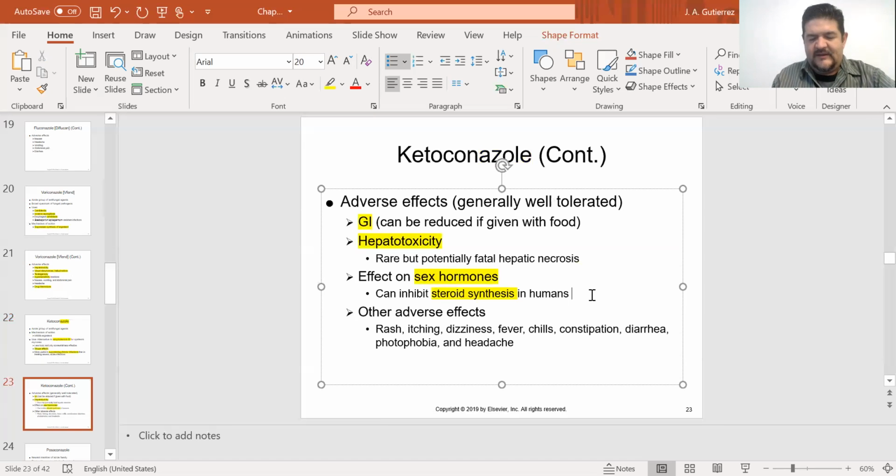So here we're going to see more of gynecomastia. Man boobs. So that will be the most common adverse effects regarding this section right here. And then rash, if we're talking about allergic reactions.